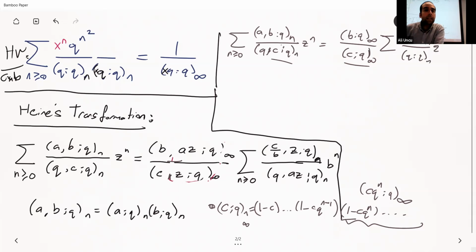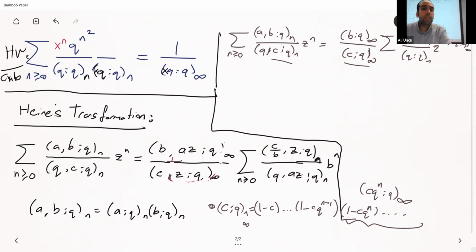So if I multiply it in the denominator, I need to keep it paired and also multiply it in the numerator, so I need to have (c q^n; q)∞ here as well. So that if you take it back in, things cancel out and you would get that (c; q)n. Make sense? I'm just trying to keep it fair, no trickery.